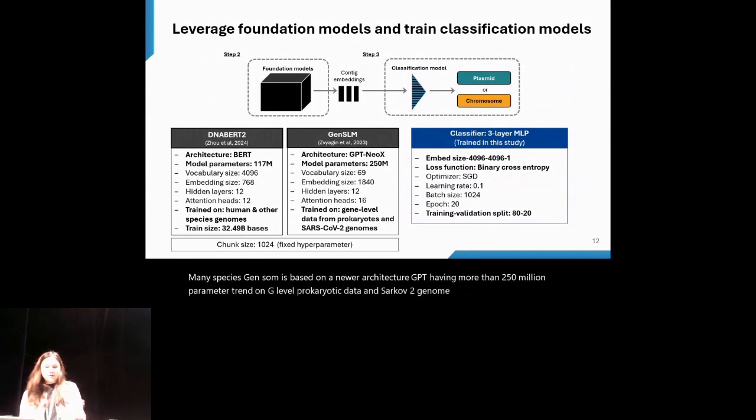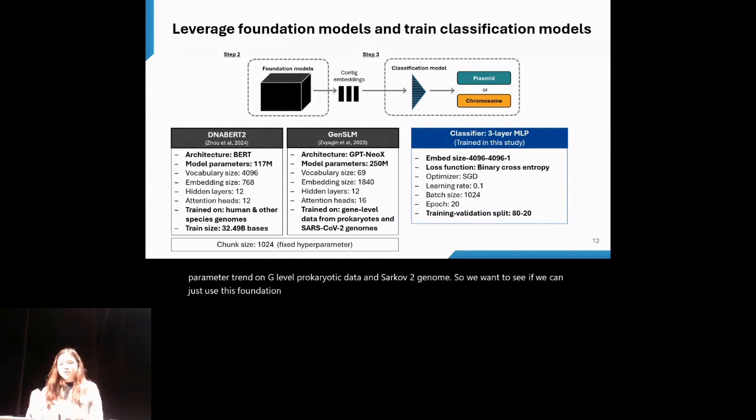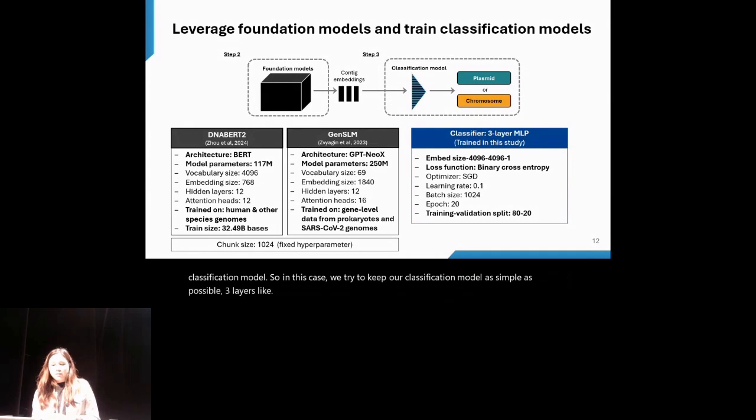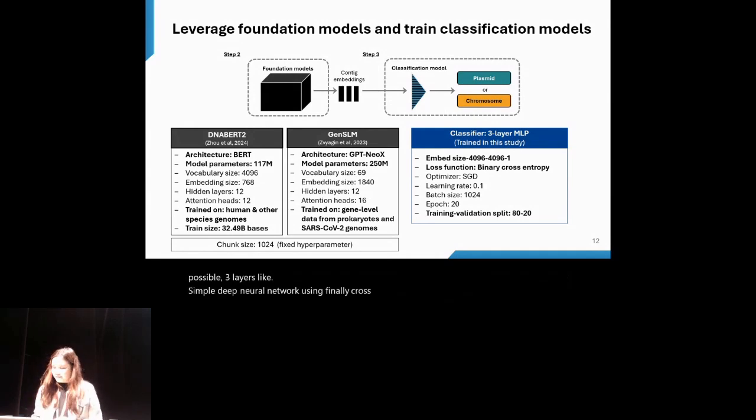So we want to see if we can just use these foundation models as they are to create embeddings and use these embeddings in our new classification model. In this case, we try to keep our classification model as simple as possible: three layers, a simple deep neural network using a binary cross entropy loss function.